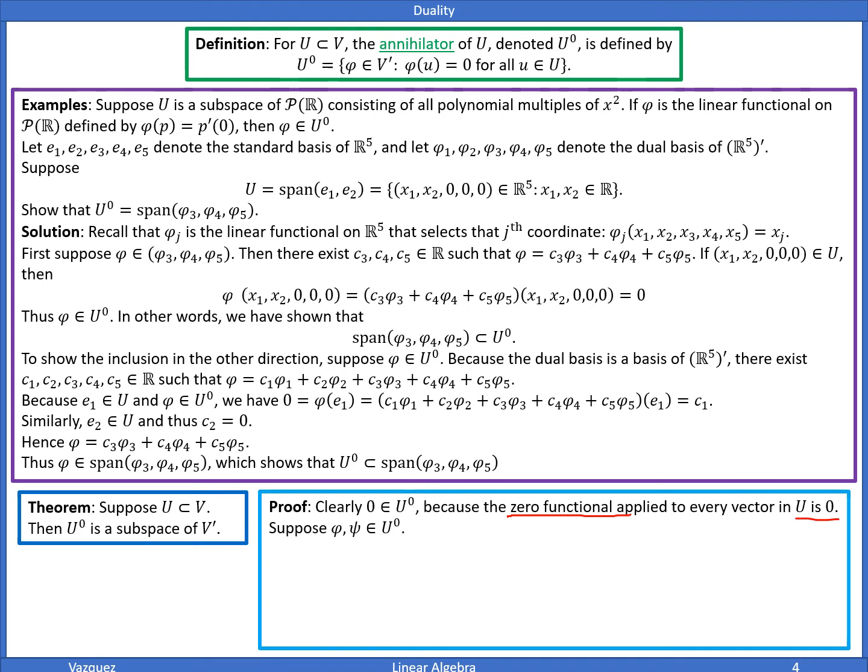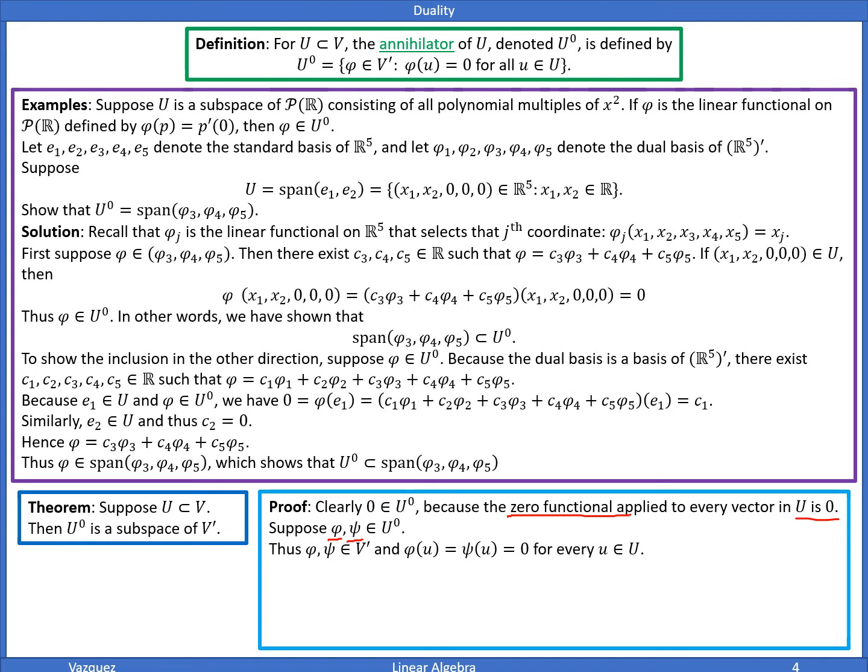But now suppose phi and psi are in the annihilator of U. Well, then those linear functionals are equal to 0 for every u in U. Again, that comes from the definition of annihilator.